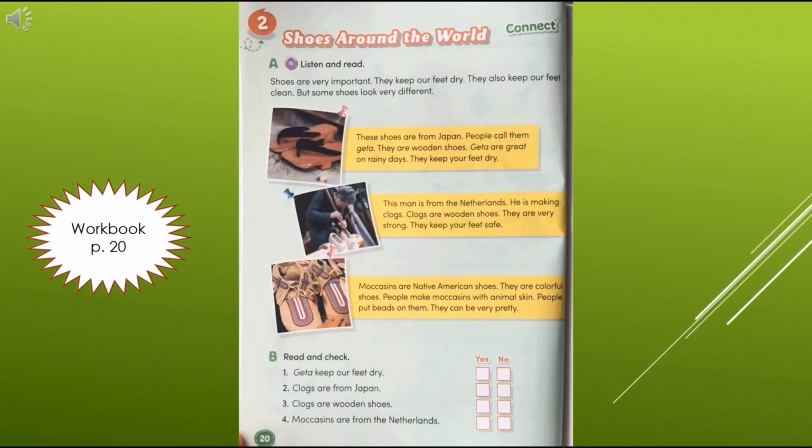This man is from the Netherlands. He is making clogs. Clogs are wooden shoes. They are very strong. They keep your feet safe. Moccasins are Native American shoes. They are colorful shoes. People make moccasins with animal skin. People put beads on them. They can be very pretty.